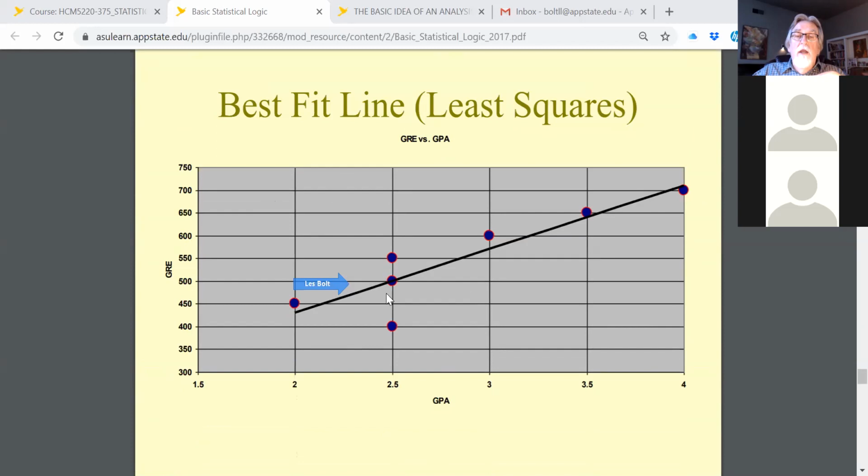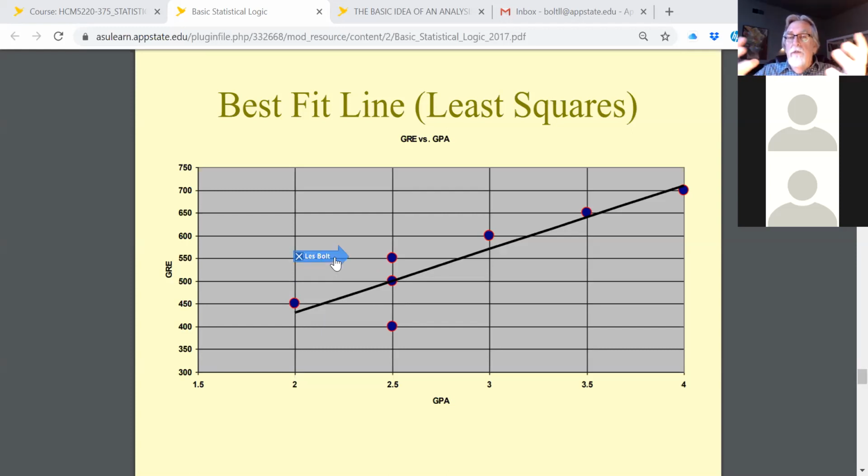And obviously not all the dots are on the line because they didn't lie in a straight line. But it is a line where if you figure the distance between the line and the dots on one side of the line, added all that up, and then you figure the distance between the line and the dots on the other side of the line and added all that up, you would find that the 2 sums would be identical.